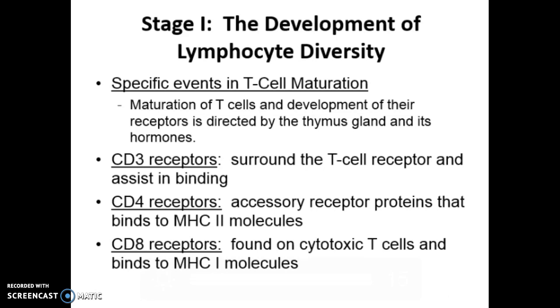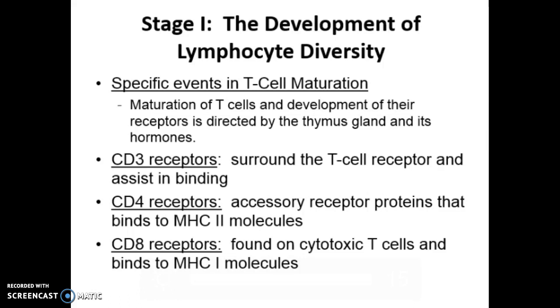Now, along with the T cell receptor itself, you also have other receptors, sometimes called co-receptors, that act with the T cell receptor itself to facilitate proper activity. So there's a CD3 receptor. This is another molecule that sticks in the cell surface right next to the T cell receptor, and it's going to be on all T cells.